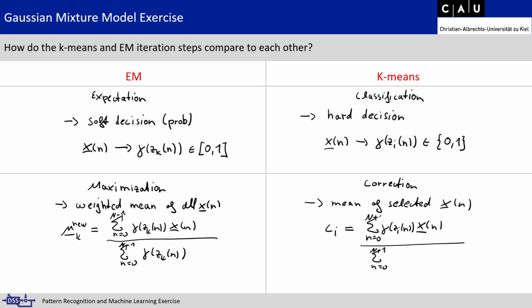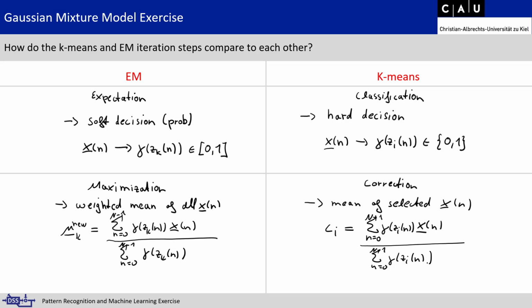And here you see that we actually have sort of the same formula for the mean update, but because we computed gamma in a different way, it holds a different meaning and the output is different. So actually what you should take away from this is really the difference between the soft decision, which is a probability, and the hard decision.